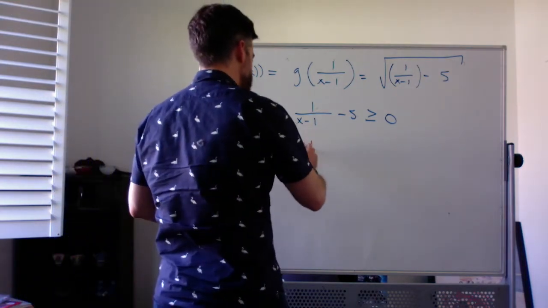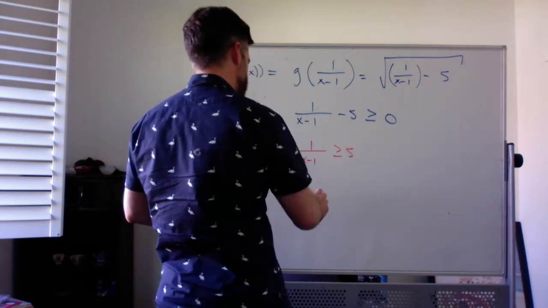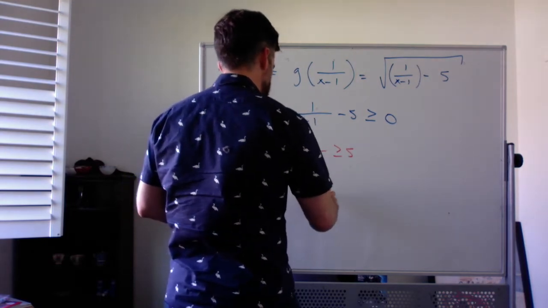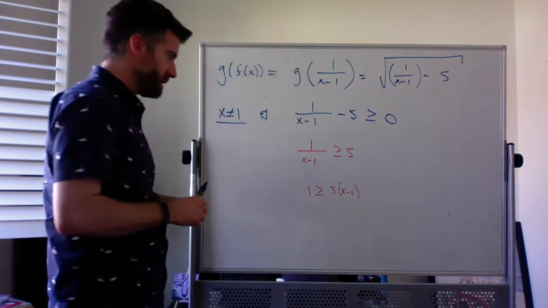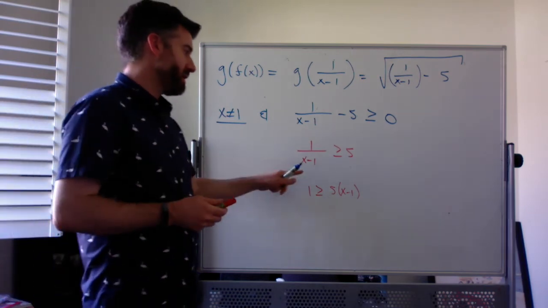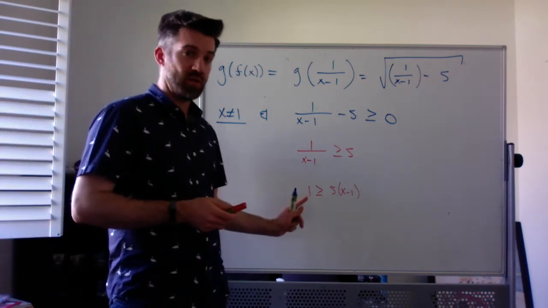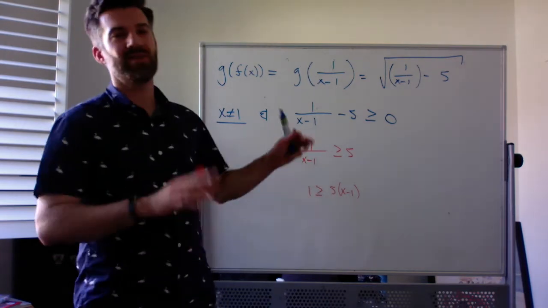If I multiply both sides by x minus 1, I'm making a mistake. The mistake is that I don't know if x minus 1 is positive or negative. If I multiply by a negative number, I have to change the order of the inequality. So I'd actually have to split this up into 2 cases, where x is bigger than 1 and less than 1. It's just a whole mess.